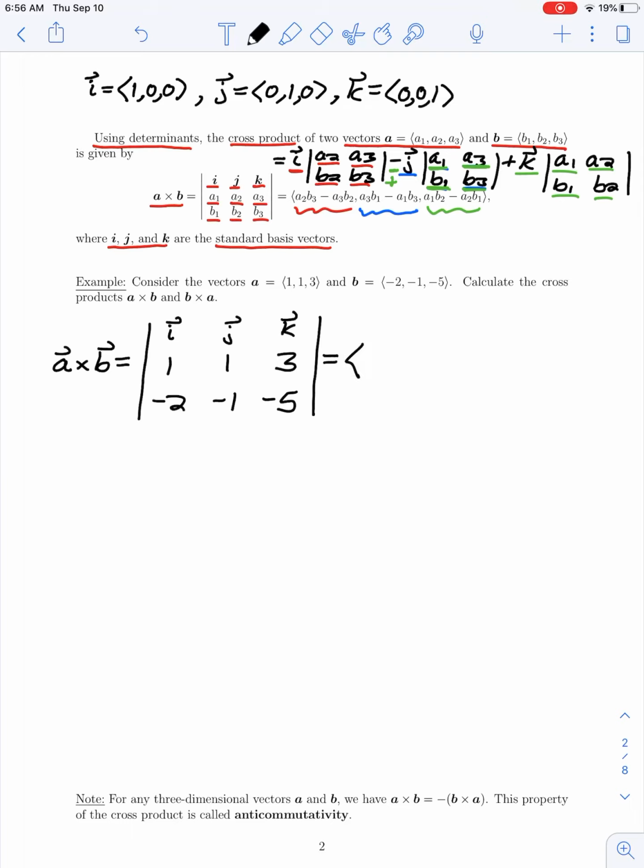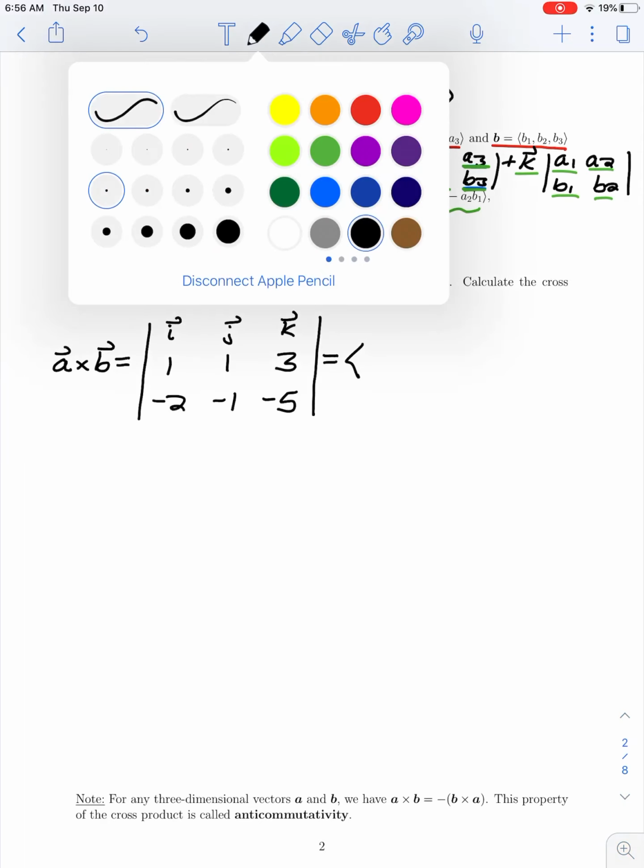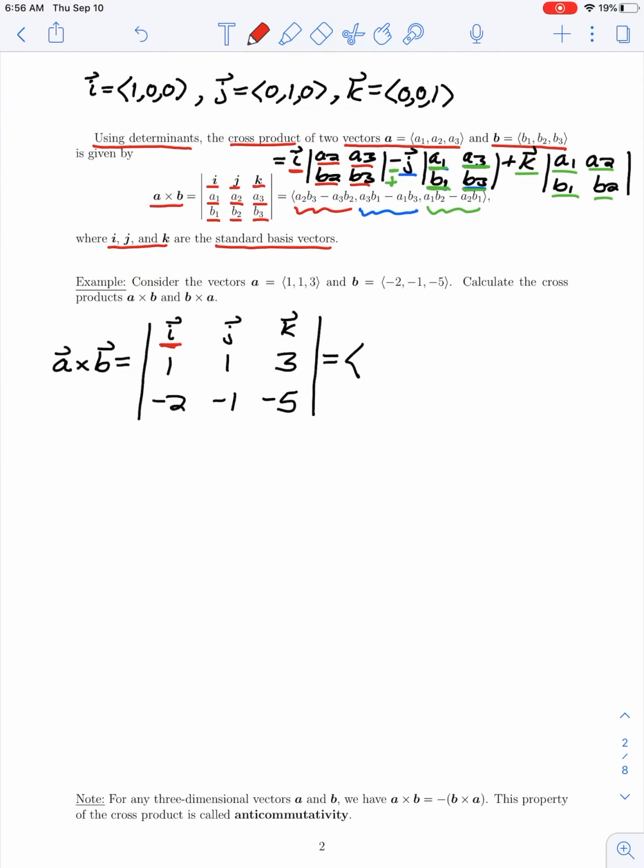So for this i component, we take the determinant of this little 2 by 2 submatrix in the bottom right corner, which we could see would be 1 times -5, so -5 minus a -3, or plus 3.